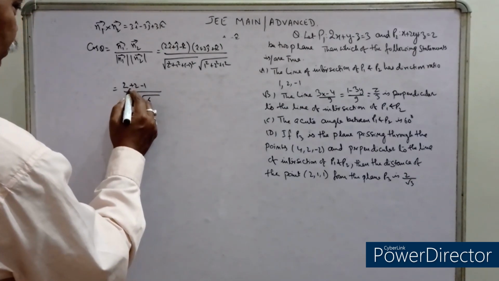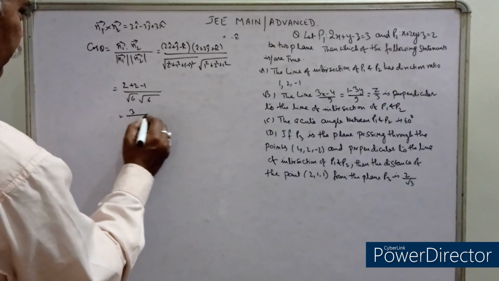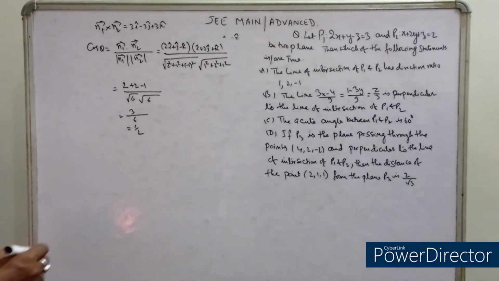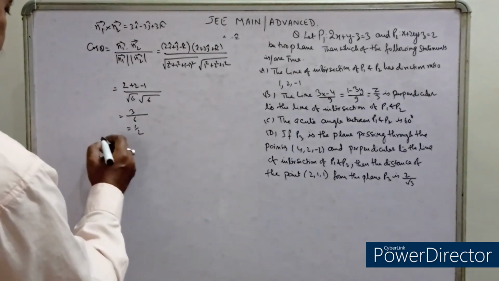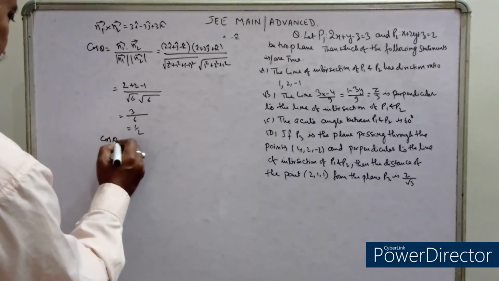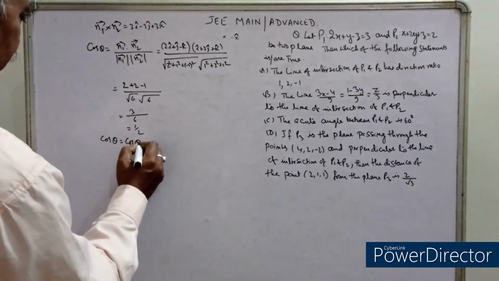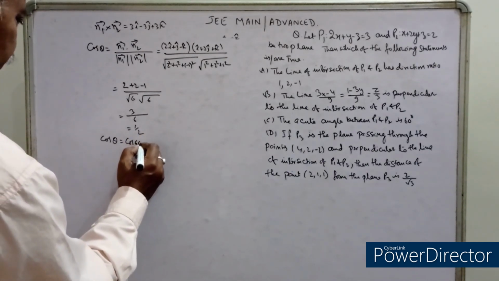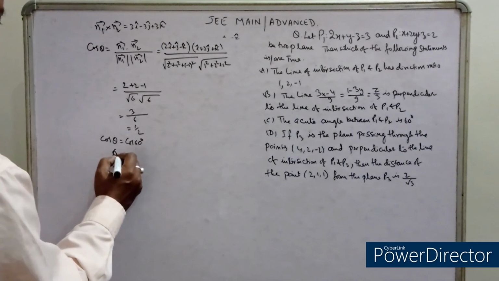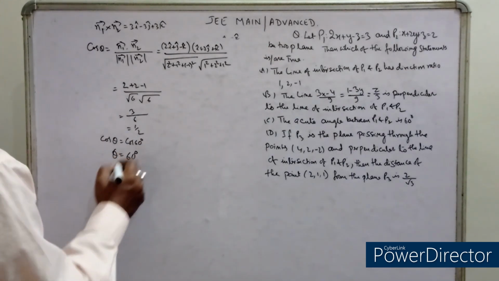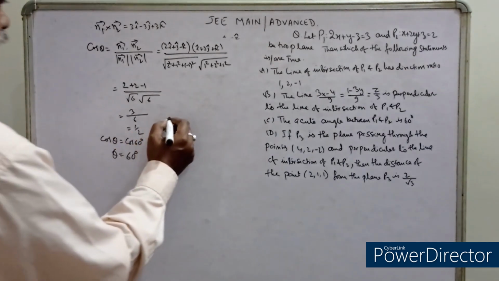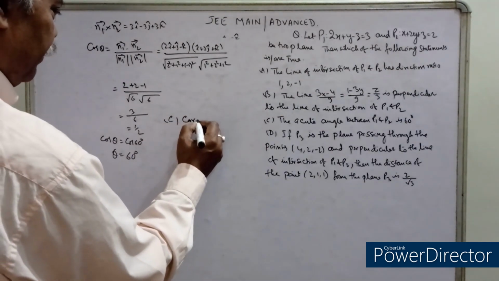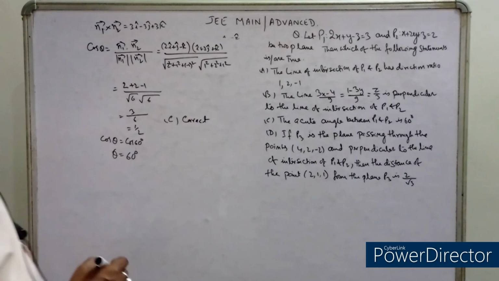So this is 4 minus 1, 3, and this is 6. So this comes to 1 by 2. So cos theta is equal to cos 60 degree. So here theta is equal to 60 degree. So your option C is correct.